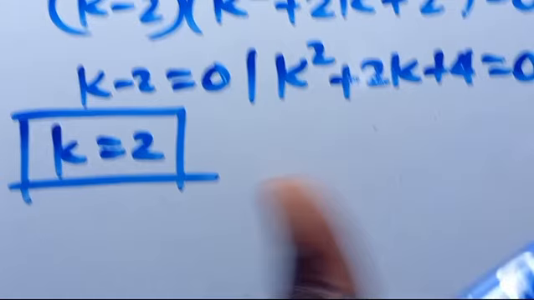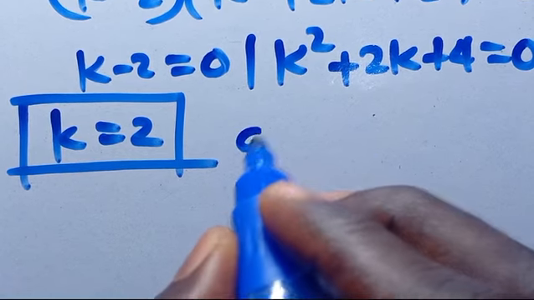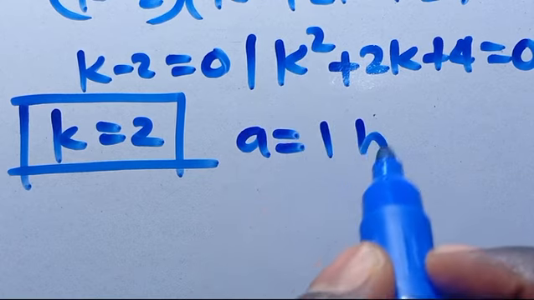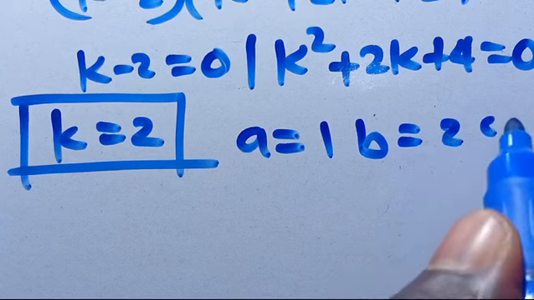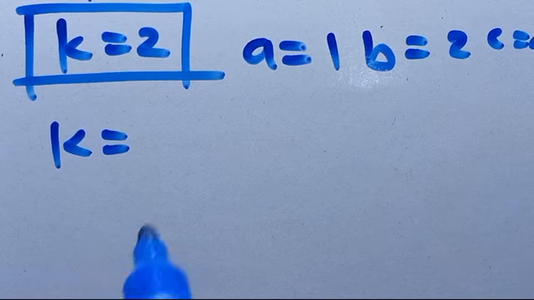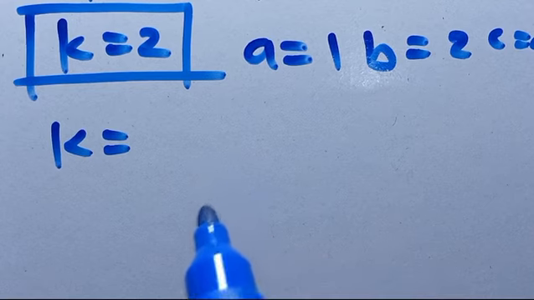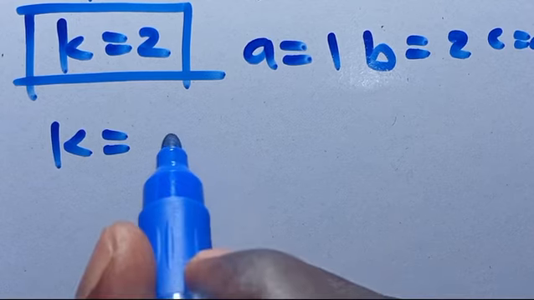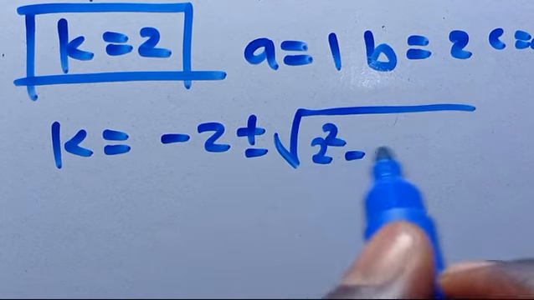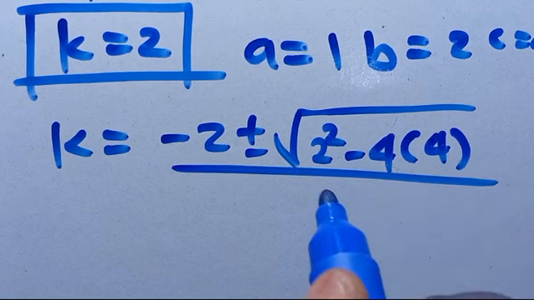So from here we are going to have a, the coefficient of k square, 1, b 2, c equals 4. So we have k equals minus 2 positive or negative the square root of 2 square minus 4 times a, 1, times c, 4, over 2.